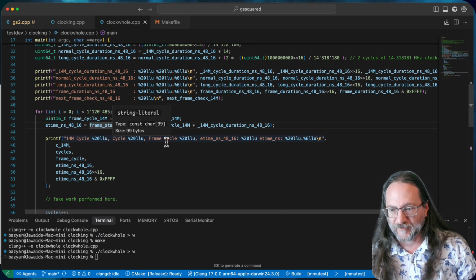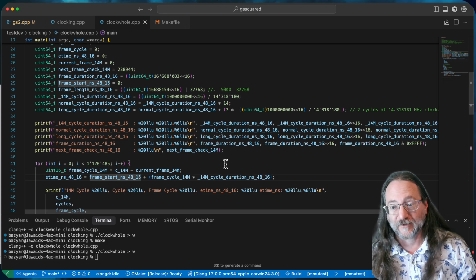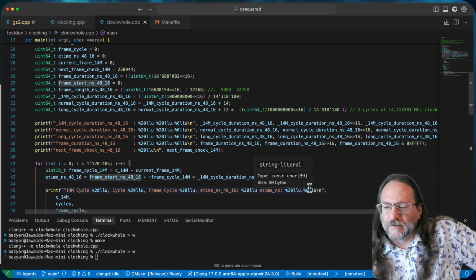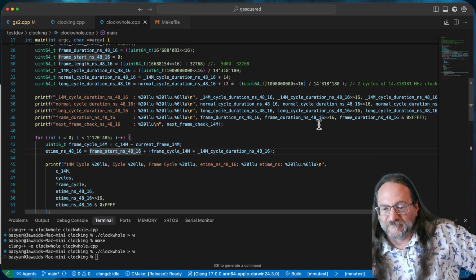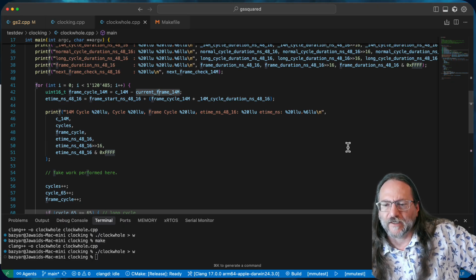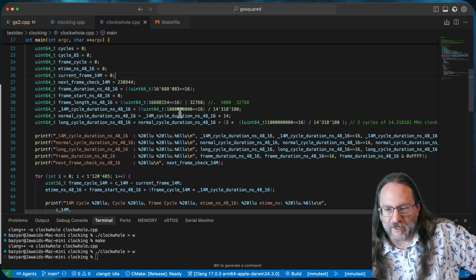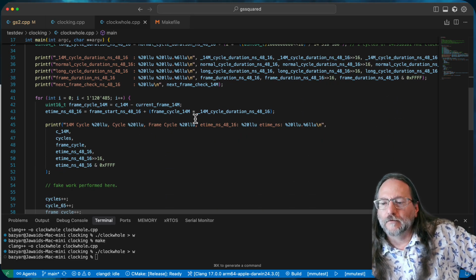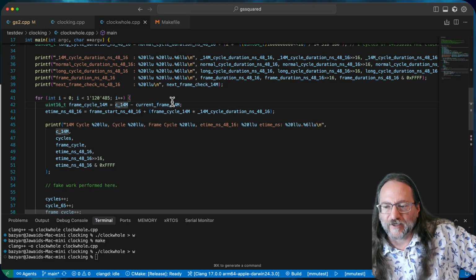Well, maybe the frame start time is wrong. Frame start. Okay, it starts at 0, which is fine for the first frame. Frame cycle 14M. And that's C14M minus current frame 14M. So current frame 14M also starts at 0, which is correct. Minus, okay. So this first iteration, this should just be the, well, let's print.